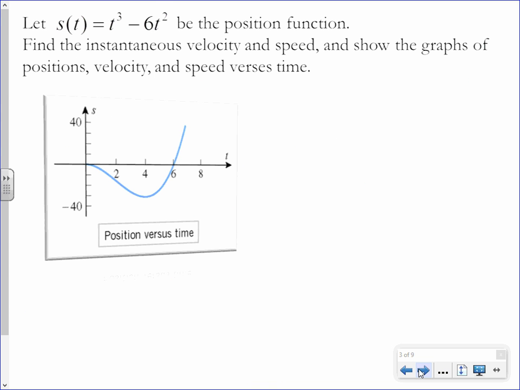Here I have the graph of our position, S of t, is t cubed minus 6t squared. And I have it graphed for you. So I just want you to look at that graph for a moment.